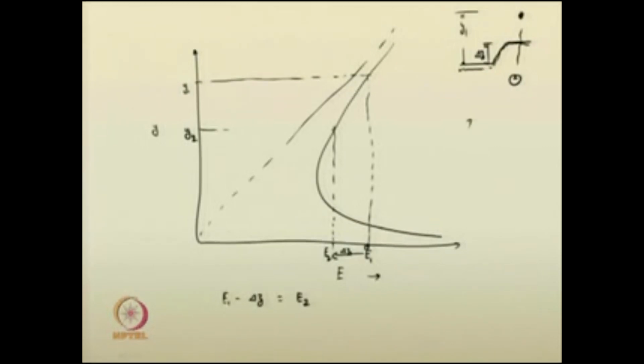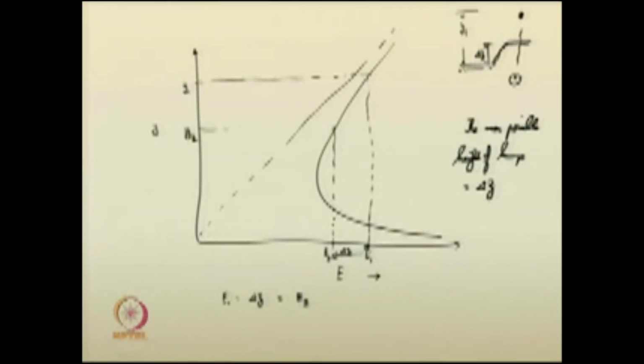If the maximum possible height of hump is del z c, such that from E 1 up to the critical condition, this is your maximum elevation of hump possible, del z c.